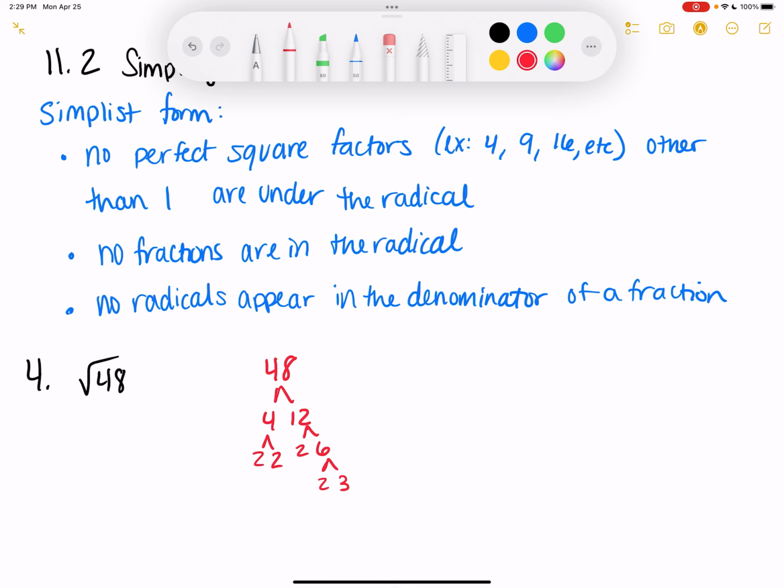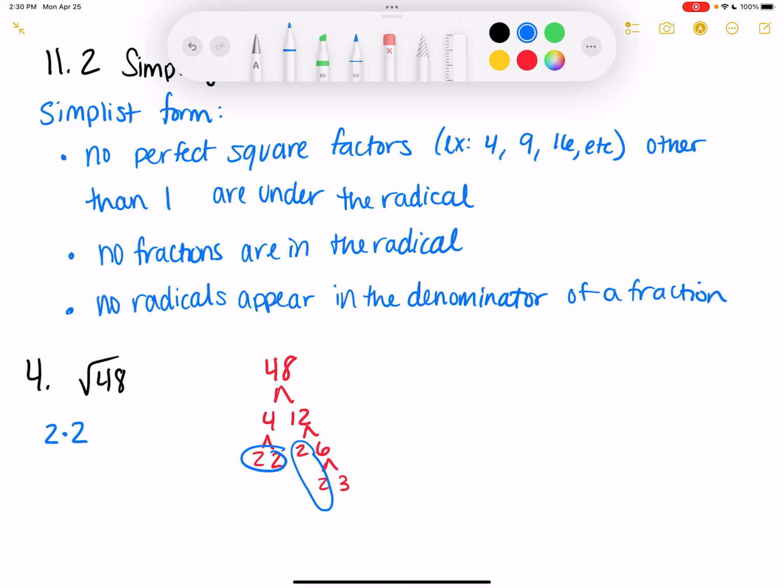No. Okay, so now we use what we call the buddy system. If it has a buddy, we can take it out of the radical. There are 2 2's here. I can take 1 out. There are 2 more 2's, so I can take them out. 3 doesn't have a buddy.